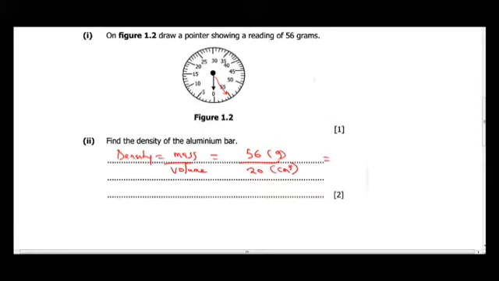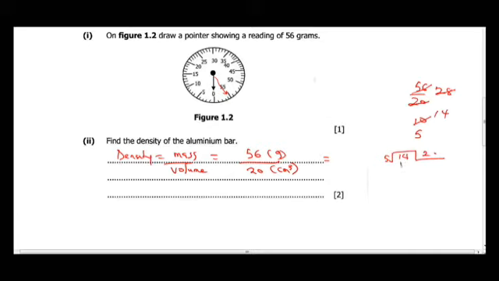When you reduce 56 over 20, dividing by 2 gives 28 over 10, and dividing by 2 again gives 14 over 5. So if you do 5 into 14, this is going to be 2 point.